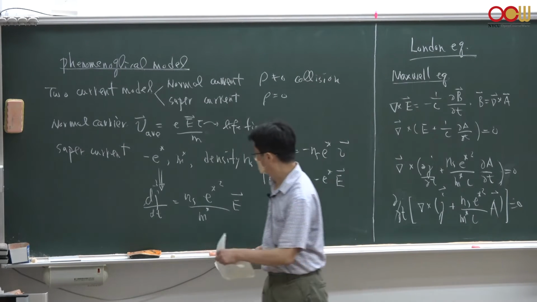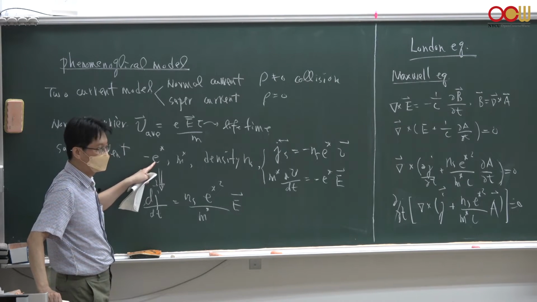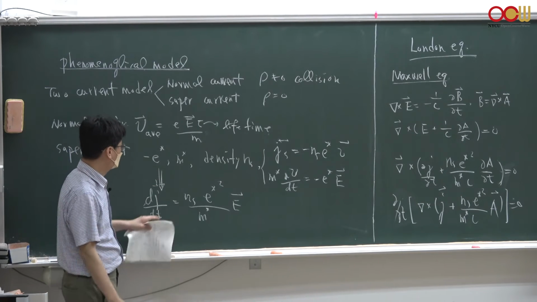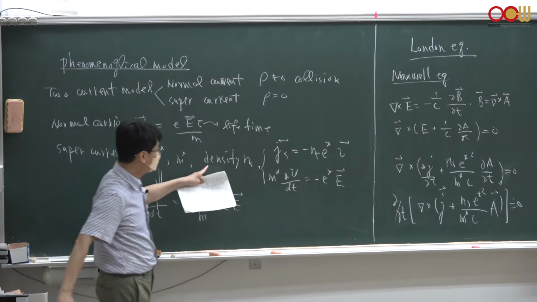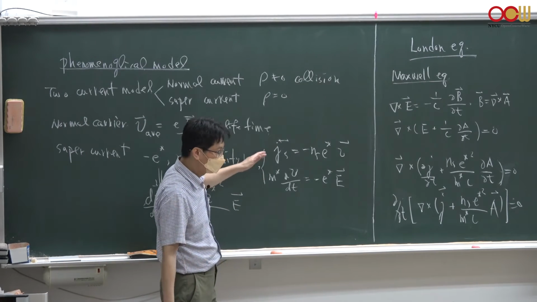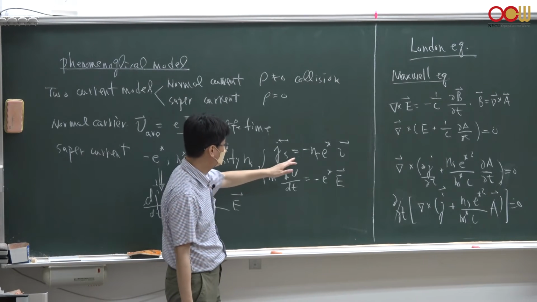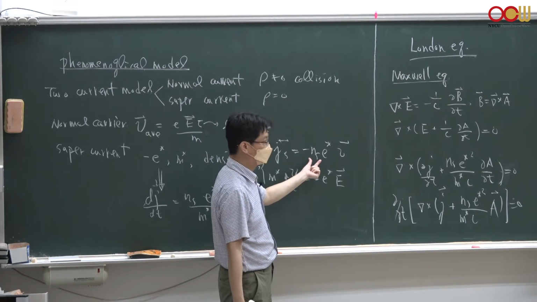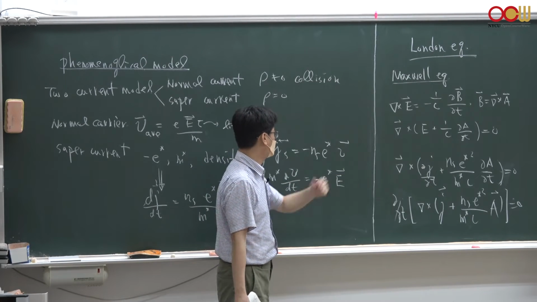For the supercurrent, we can imagine that the charge is an effective charge e star, which we will see is 2 electron charges because of Cooper pairing, with m star the effective electron mass and a density ns. In such a supercurrent state, the current density Js is given by minus the density of the superconducting charge carriers times e star times the velocity.